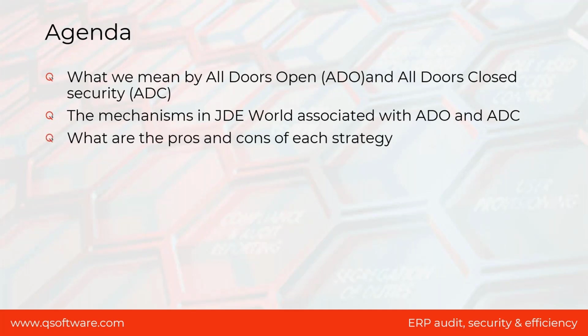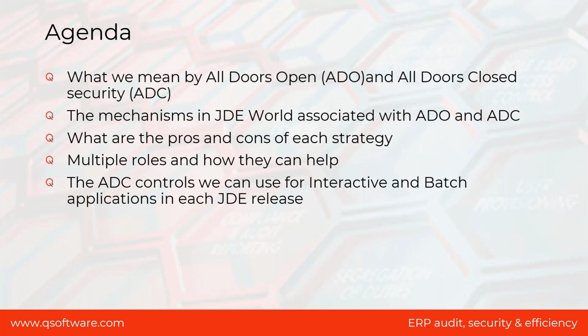We're going to look at the pros and cons for each of those strategies, and have a quick look at multiple roles, because there are a few holes in this process, in particular for people on old releases of World, and multiple roles can both bridge the gap and move you forward in your security implementation, specifically around all doors closed security.